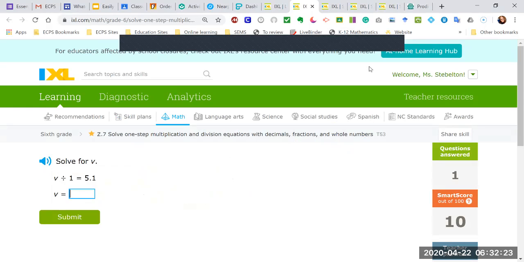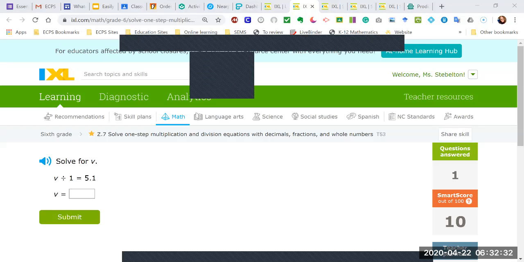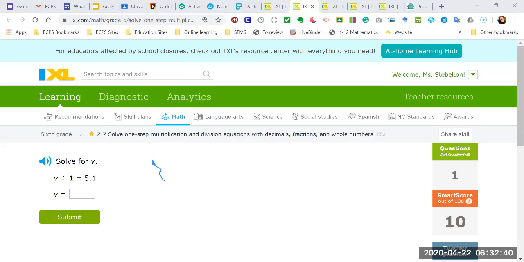So whenever you see that, the first number will go on top, and then the second number will go on the bottom of the fraction. So because our first number is actually V, we're going to put V over 1 equals 5.1.